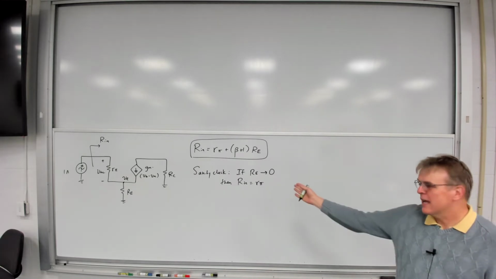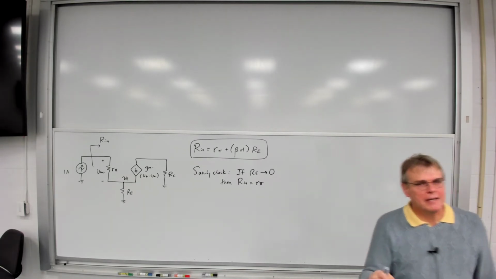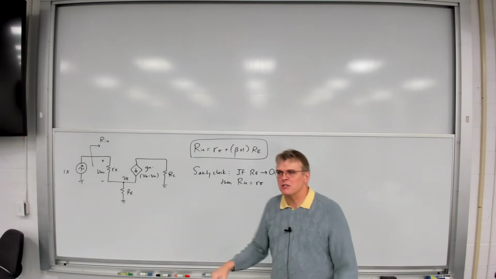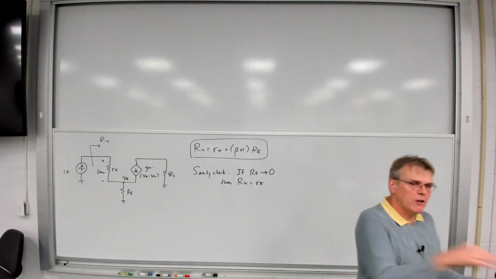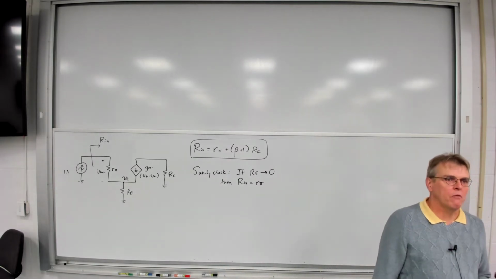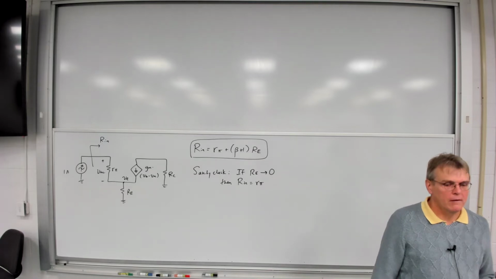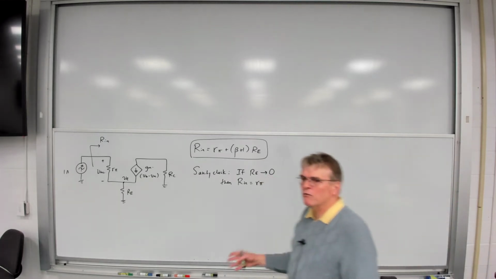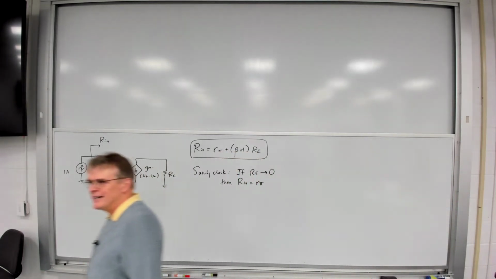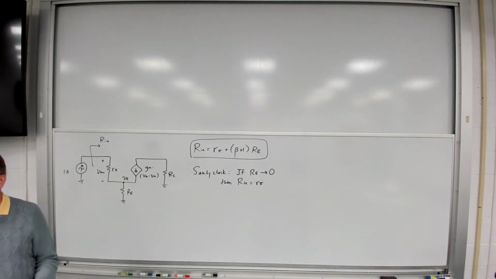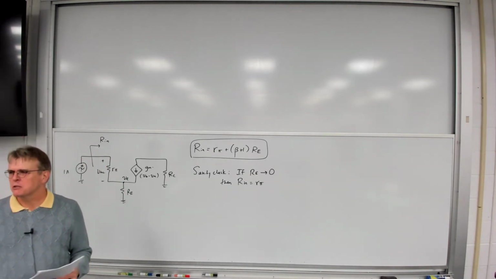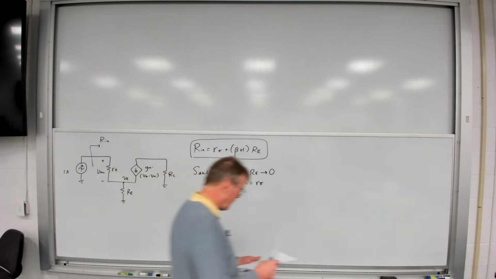So this is just a quick way of checking. Does my math make sense? If I actually get rid of this extra resistor, do I go back to the equation I derived before? So it's always a good way to do that sanity check just to make sure your answer does make sense. The units do balance. Okay?